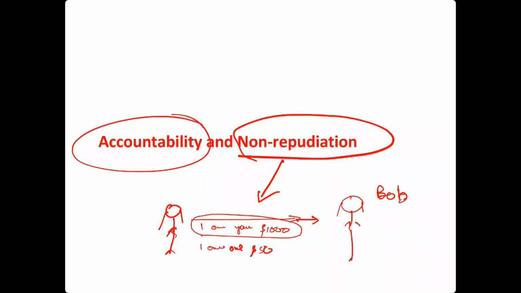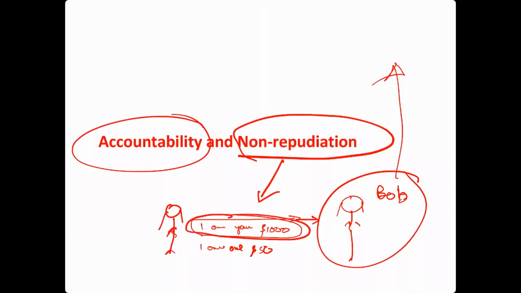Now can Bob go to the court and prove that Alice actually owes me $1,000 and that the email has come from Alice and that it's an authentic email?